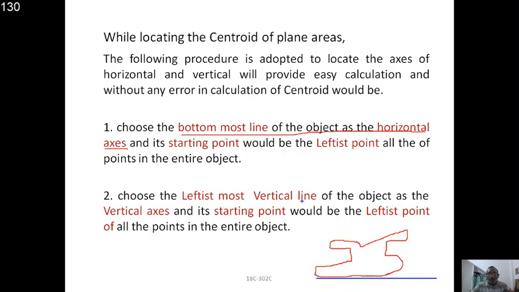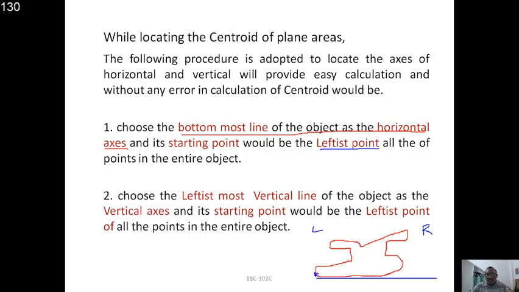The bottommost horizontal line should touch the bottommost points, and it should start at the leftmost point of the entire object. If I say this is the left and this is the right, then the farthest left point is this one.